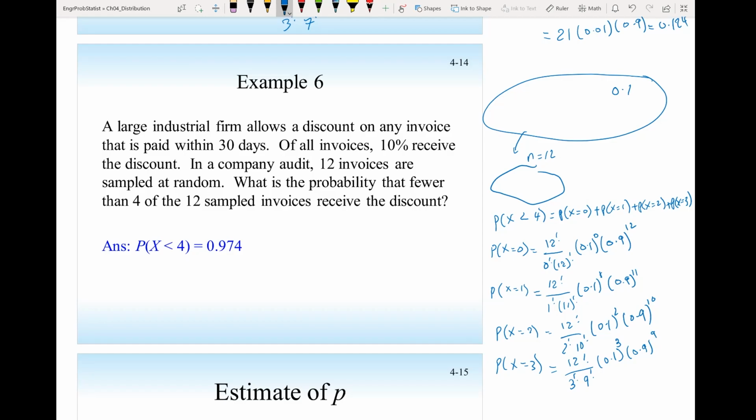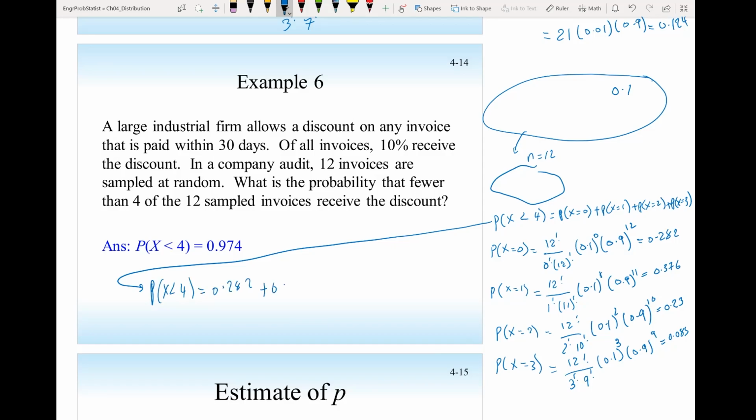Now if you calculate all these probabilities, you should get here 0.282, here you should get 0.376, here you should get 0.23, here you should get 0.085. So probability x less than 4 equals 0.282 plus 0.376 and so on. All right, so it's just the sum of all these 4 probabilities.